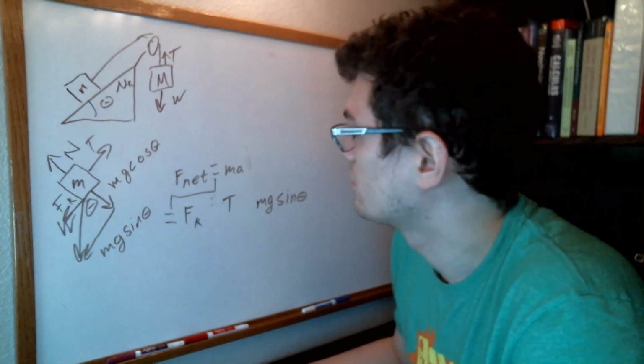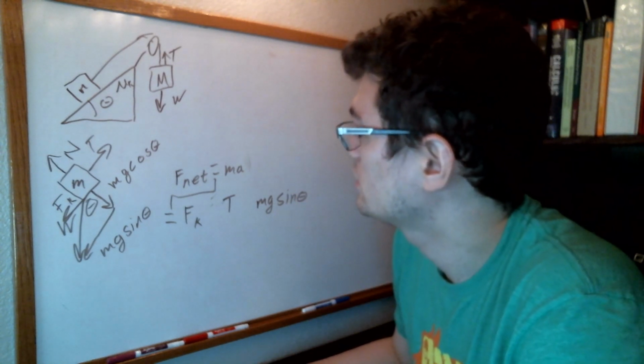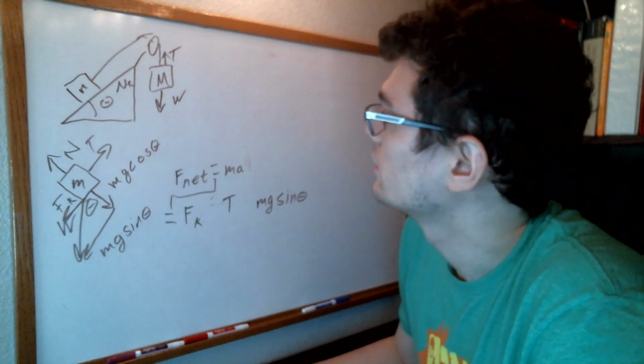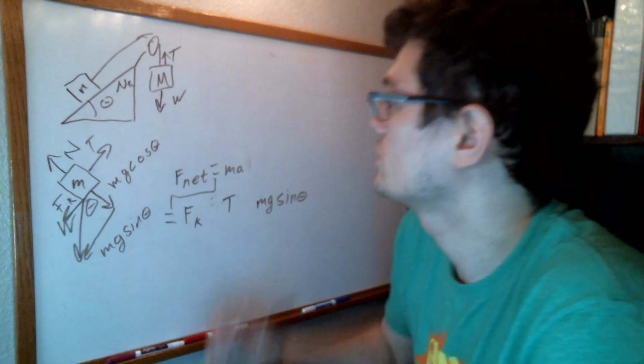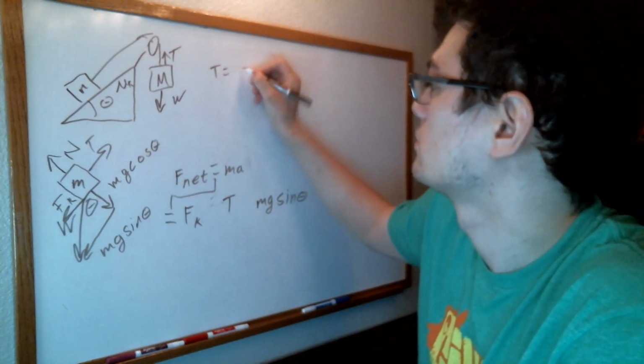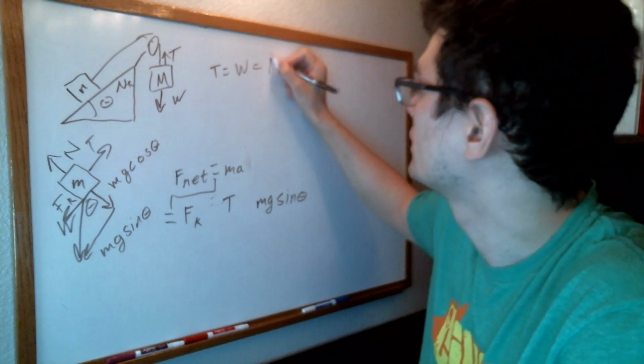So those are the three forces on that side, and we can solve for T. T is just going to be equal to W in this case, which is going to be capital Mg.